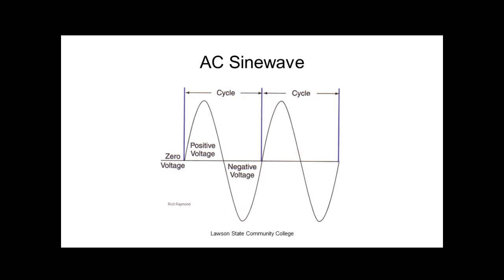We call one repetition of a waveform a cycle, a term you should be familiar with. We talk about things running in cycles, which means once they're through, they cycle again and do the same thing. Everybody okay on cycle?